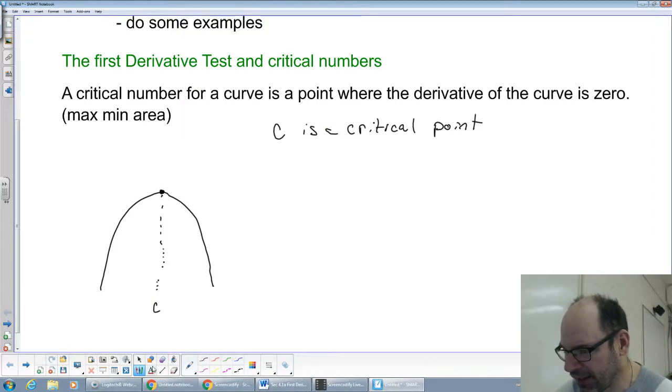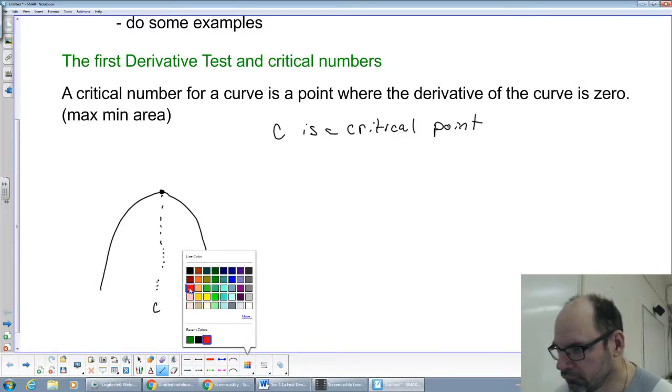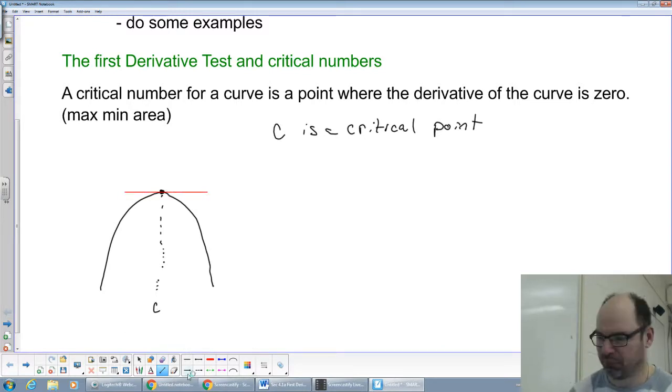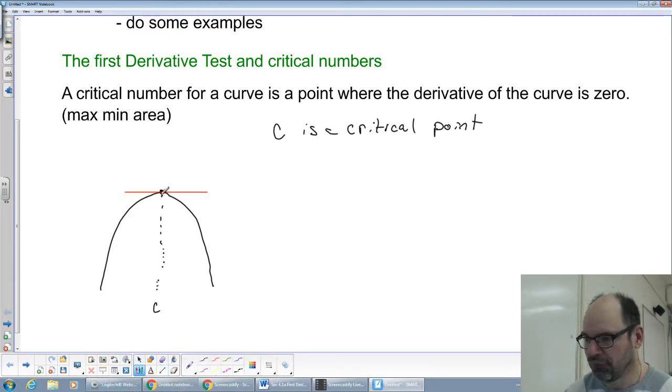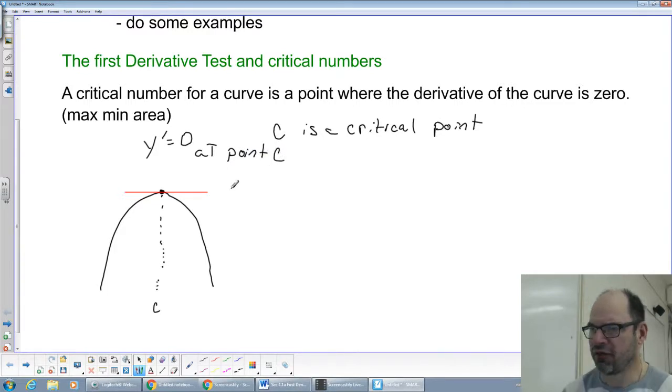Because we could see that if we just draw a tangent line there, the slope of this curve, we'll call it y prime, or whatever that curve is, the derivative of that curve is 0 at point C. We have a flat slope.